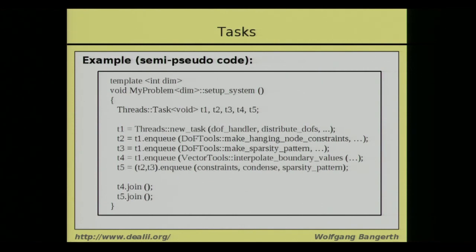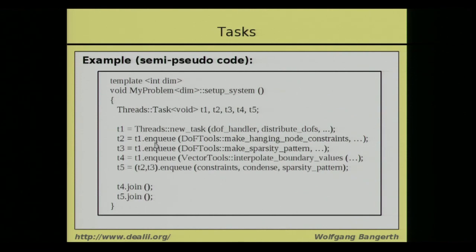So in deal.II, we support this sort of thing. I could do something like this. I'm going to say Threads::new_task, the object, the function that I want to execute on this object. Then that gives me a task number 1. This is not quite the syntax that we have, but you could think of it this way, that I say t1.enqueue.